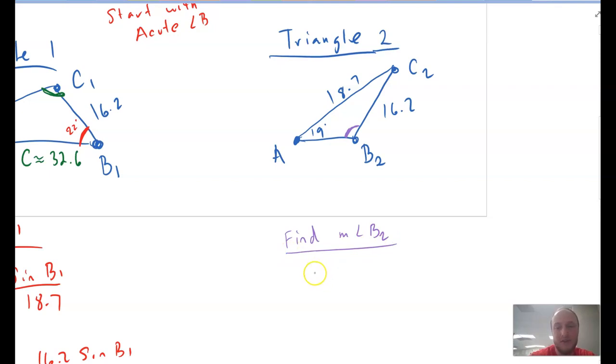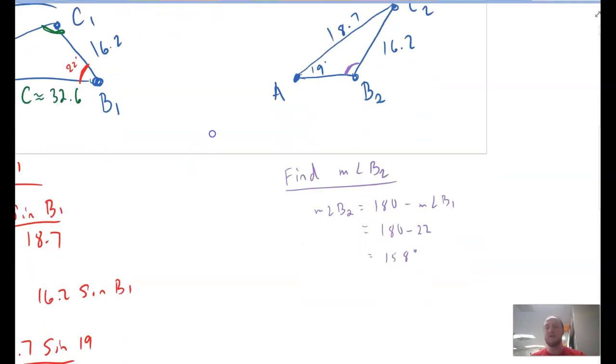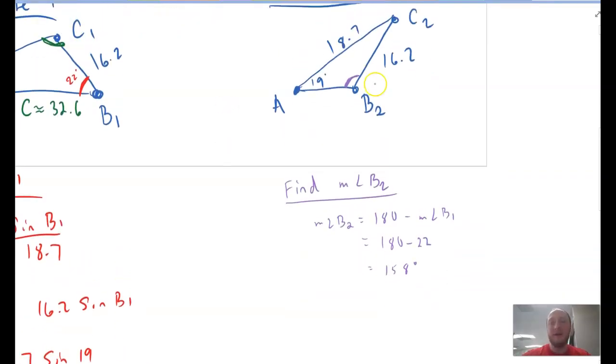I take my first B angle. So the measurement of angle B2 is equal to 180 degrees minus the measurement of angle B1. So 180 minus 22, and we get 158. So much easier.